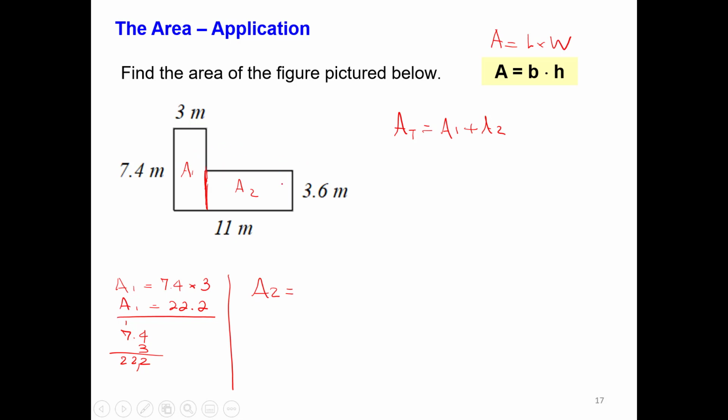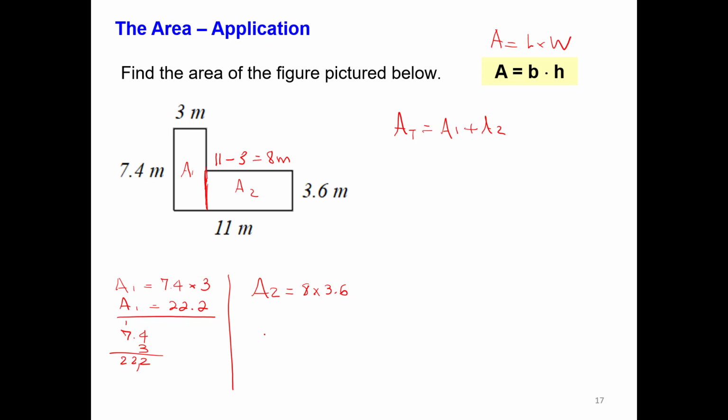It will be 11 minus 3, which is 8. 8 meters, because it's the same units. Then the area will be 8 times 3.6.